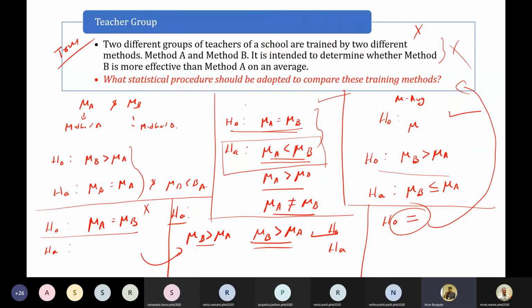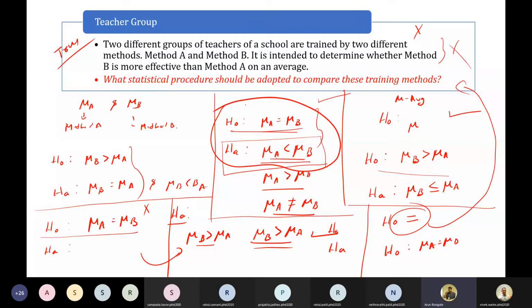That is how we should analyze. For this case, H0 is mu A equal to mu B, meaning both the methods are equally effective. The statement given here is not true.